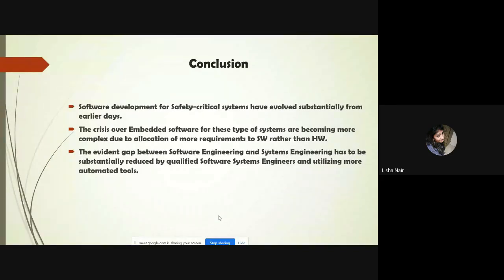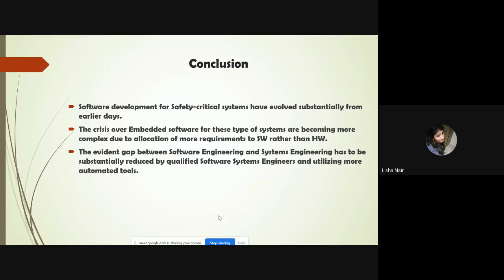Then rather than having just knowledge of hardware, we are working on the complexity of software and trying to bring the right aspects of the system into the software. And what I would say to you engineers for your future is that it's always better to focus on both system and software knowledge.